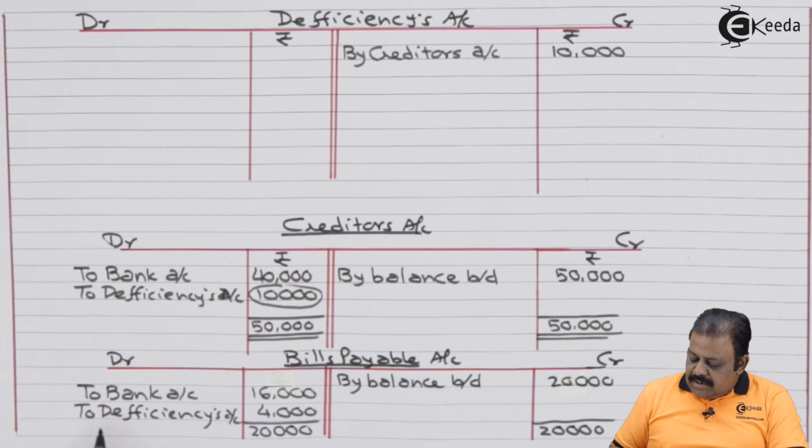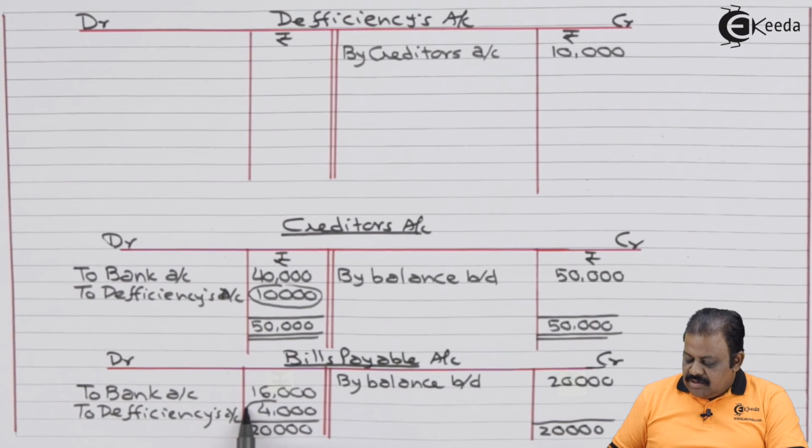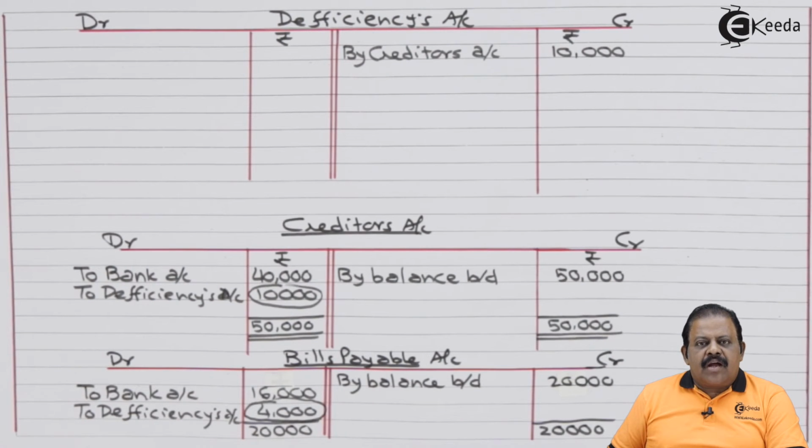Bills payable account debit side to bank 16,000 for amount paid. Amount remaining unpaid transfer to deficiencies account 4,000. This can be balancing figure of bills payable account. This 4,000 will be transferred to deficiencies account, credit side.